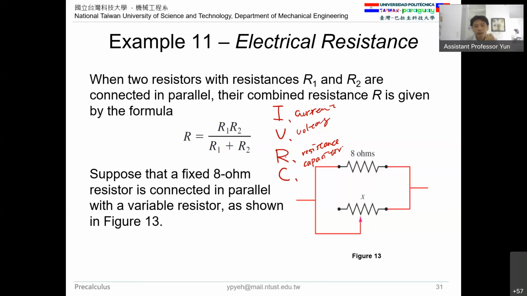The resistance means the ability of devices to limit how many electrons will be transmitted through certain materials or electronic devices, and the capacitor means the content of these electrons, the amount of electrons stored.